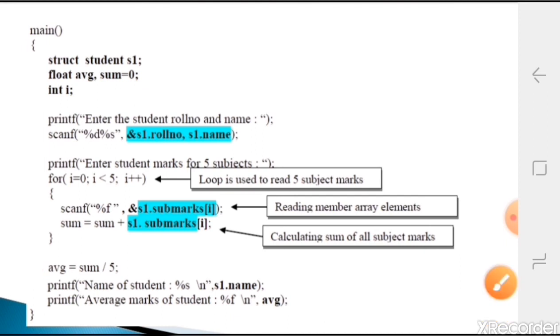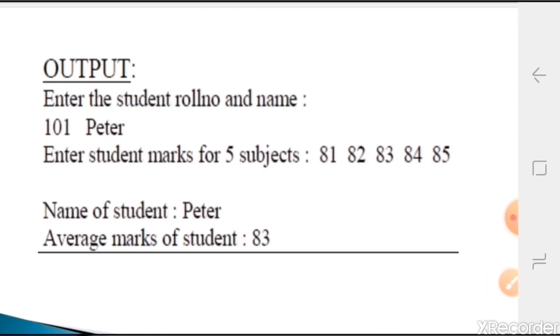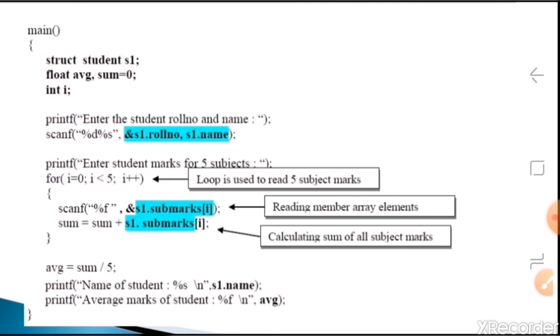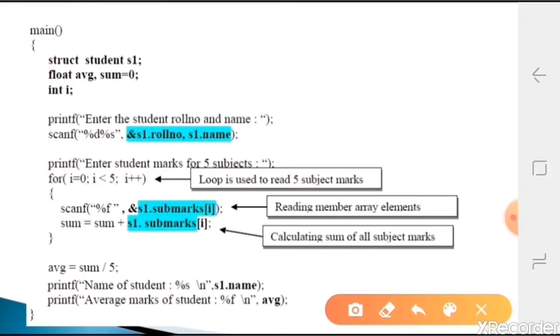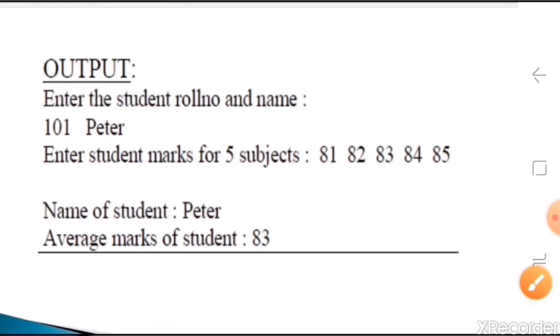Let's see how the output will look. The first printf statement, enter the student roll number and name, will come here in the output. The user gives the roll number, suppose 101, and Peter as the name. Then the second printf statement says enter the student marks for 5 subjects.